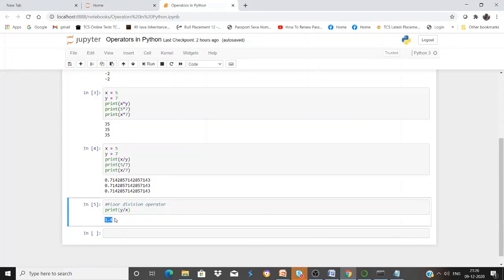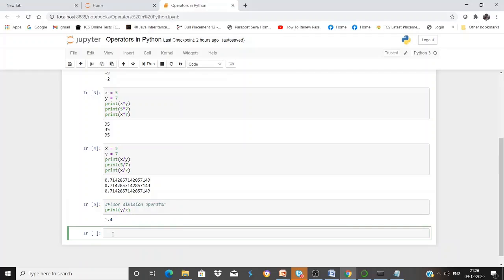We mentioned that the float division operator gives you the nearest integer which is less than the division result. Integer 1 is less than the division result. So if we apply the float division operator on y and x, it will give us 1.